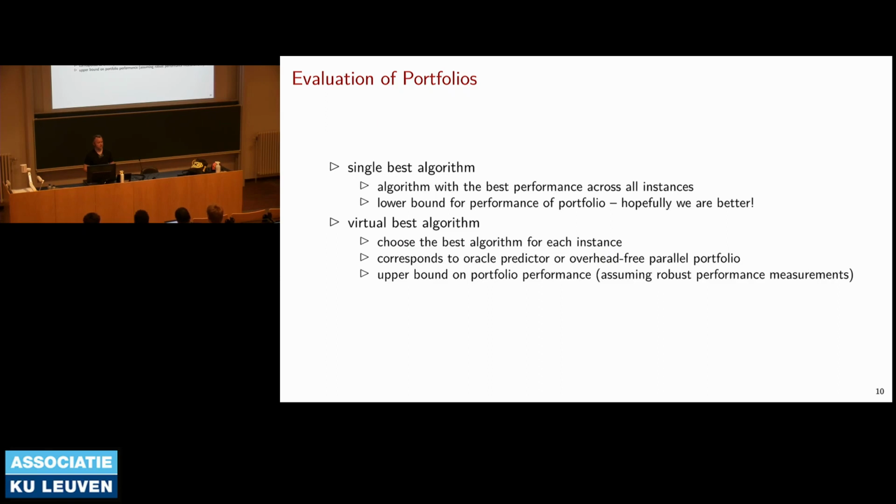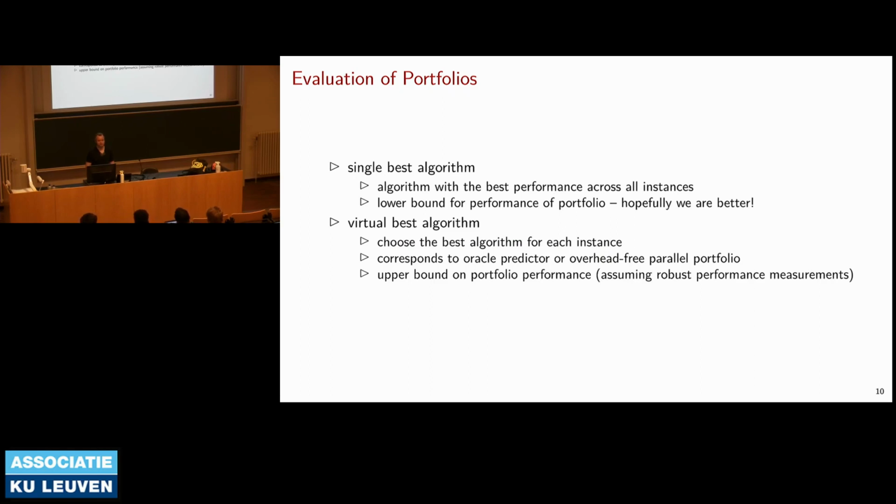That's essentially what you would do if you didn't want to bother with all of this, right? You just choose the winner of the competition, the one that clearly did best on average. I'm not going to worry about specifically choosing the best one for each instance because too difficult, or Tuesday morning and can't do it. And that gives us a reasonable lower bound on the performance of a portfolio.